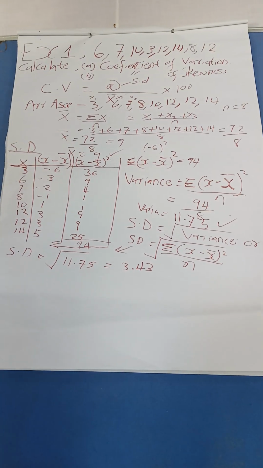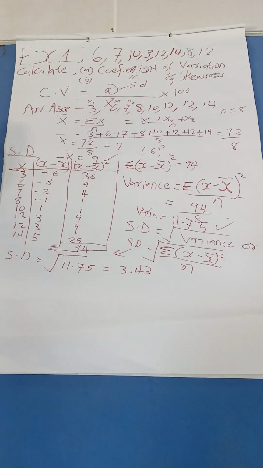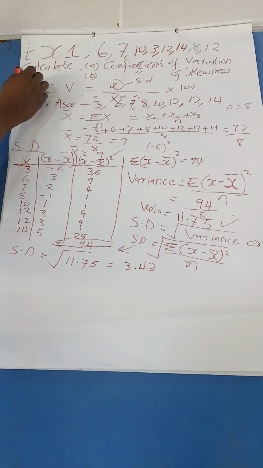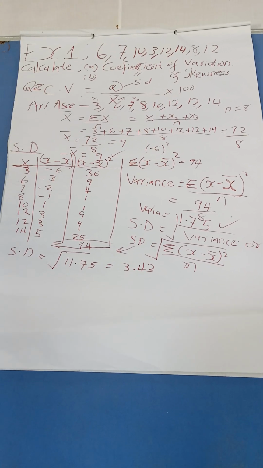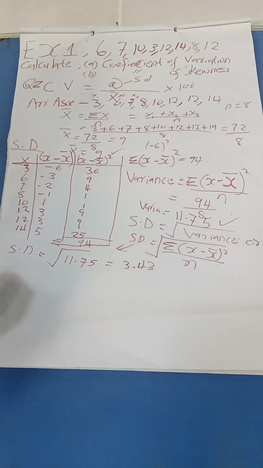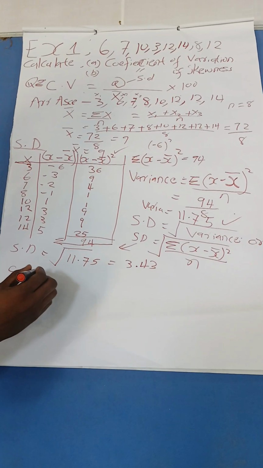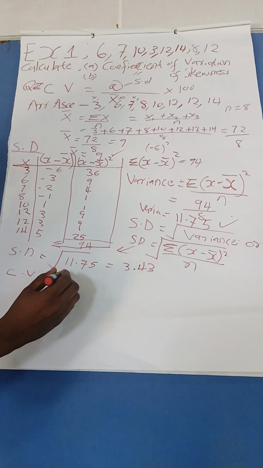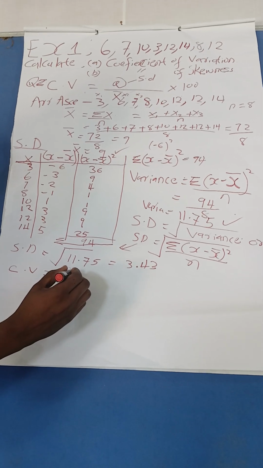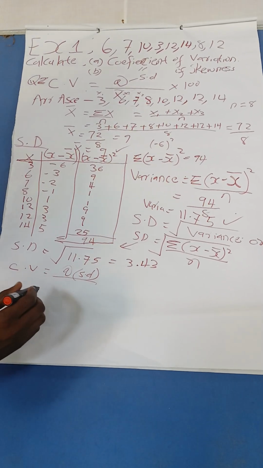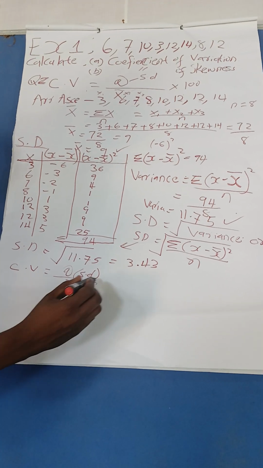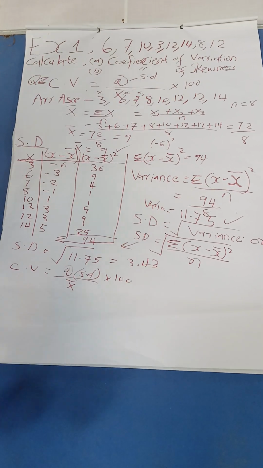Good. So we go back to our question. Our question wanted us to calculate the coefficient of variation. And we said coefficient of variation is the standard deviation, the sigma, divided by the mean, multiplied by 100.